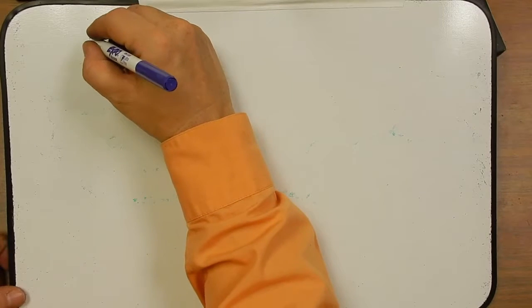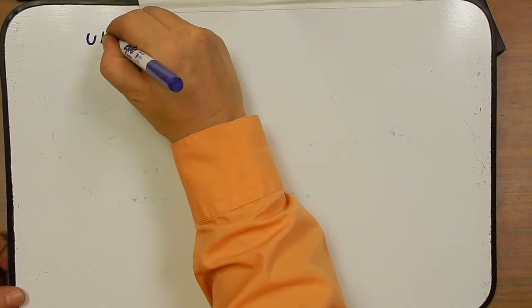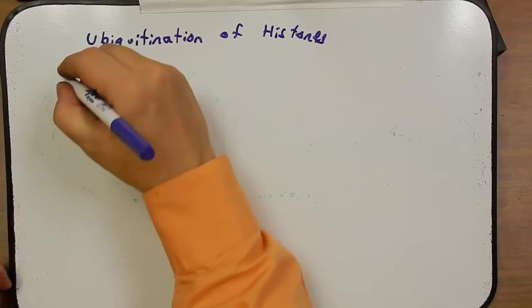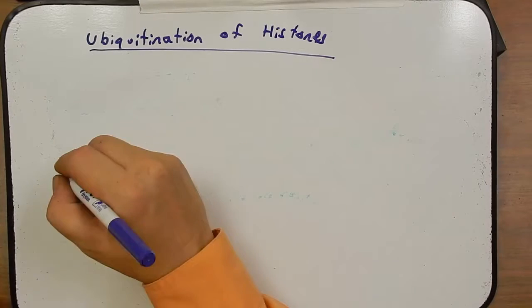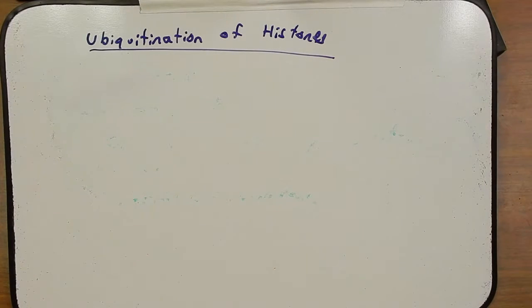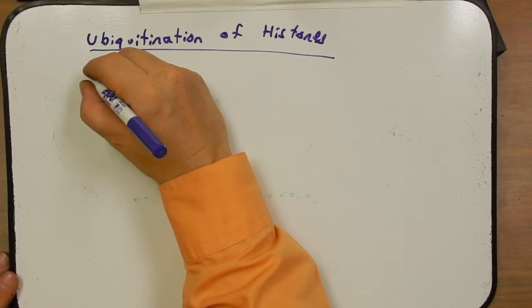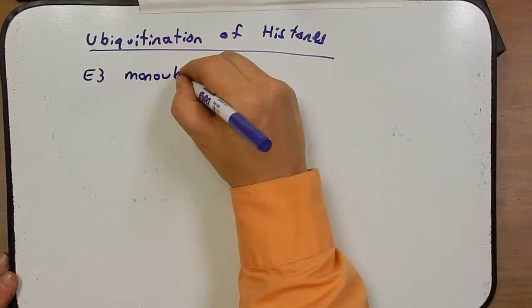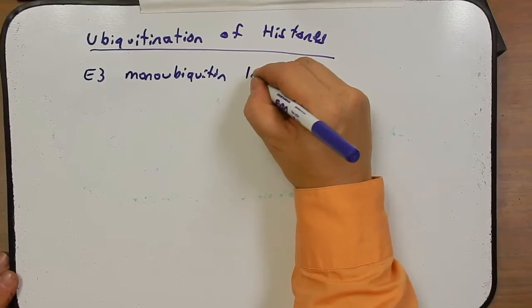Alright, the last enzyme I want us to think about are the ones involved in ubiquitination of histones. And all I want you to know for this, at least for now, is that the enzymes that add ubiquitin to the histones are called E3 monoubiquitin ligases.